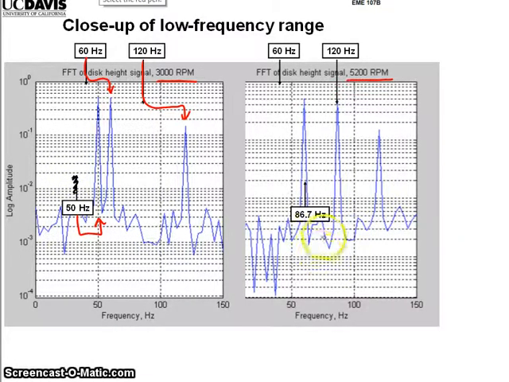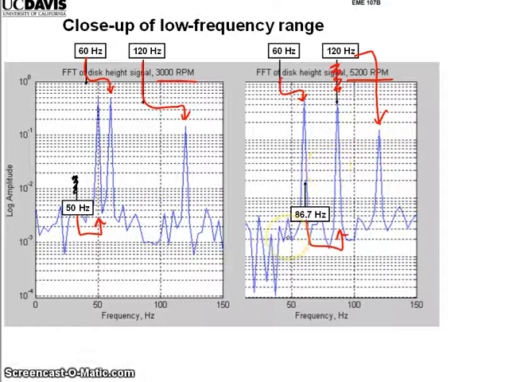Okay, and I'll do the same thing over here. This is 60 hertz. This is the 86.7. And there's 120. If you look at these plots, what's common to them is that each has a signal at 60 hertz and a signal at 120.